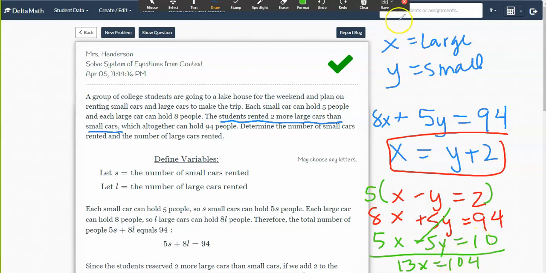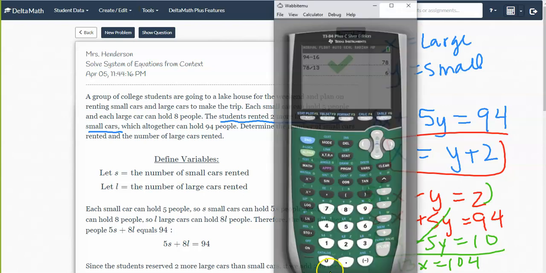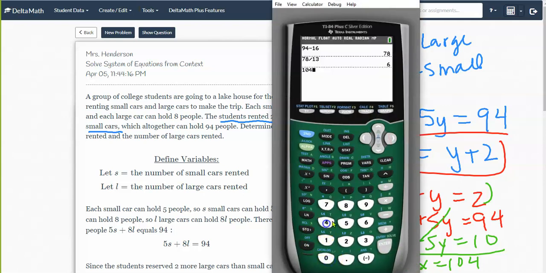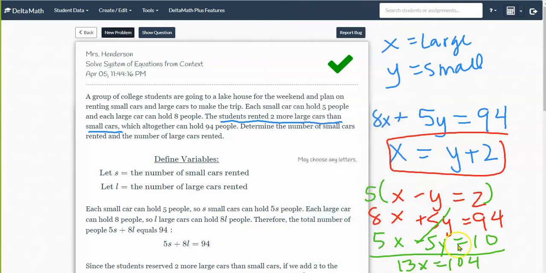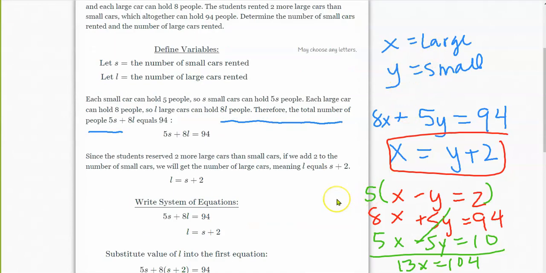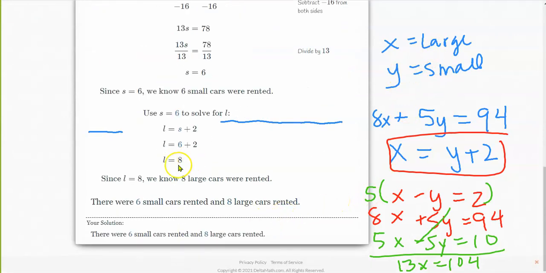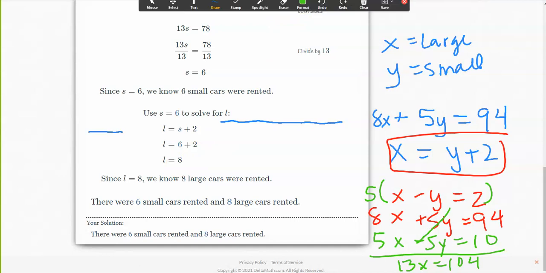And I would have gotten my calculator out. And let's see, 104 divided by 13, I would have gotten 8. So x is 8. X was my large car, and that is right. That's exactly what I said. Large car was 8. So you could have used any method you liked.